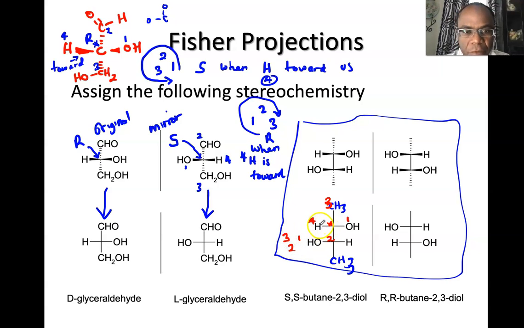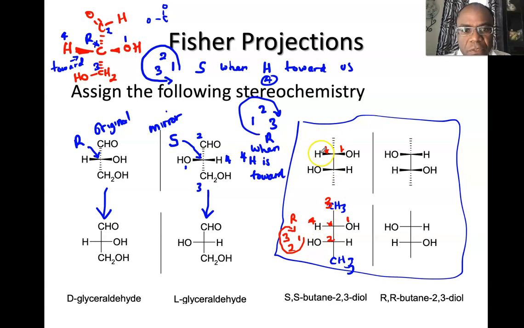So going with numbers, I have 2, 1, 3. I'm not including the 4 because we assume it should be the other way. But remember, because these 2 groups are vertical, the bonds used are towards you. So whenever the smallest group is towards, the RS assignment is an R. You're going clockwise.